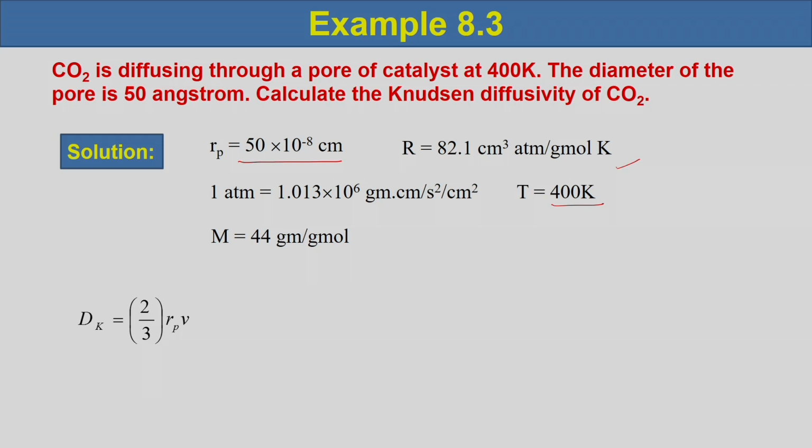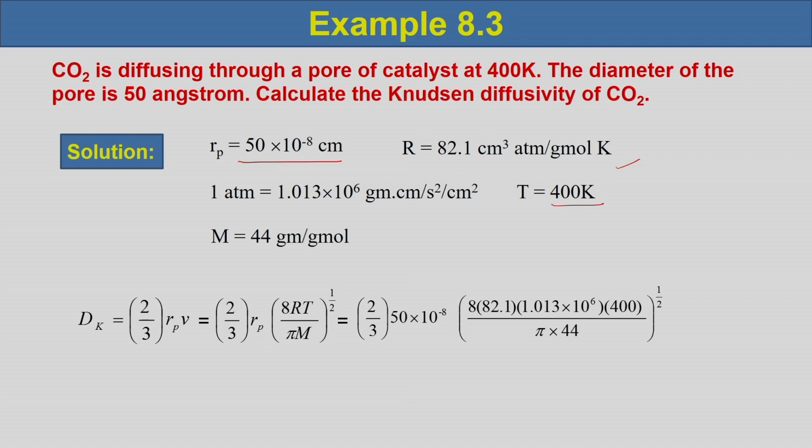If we use the equation for diffusivity, D_K would be equal to 2/3 into R_p into V. Now, if we substitute the equation for V, which is (8RT/πM)^(1/2), then it would be 2/3 into R_p (8RT/πM)^(1/2).